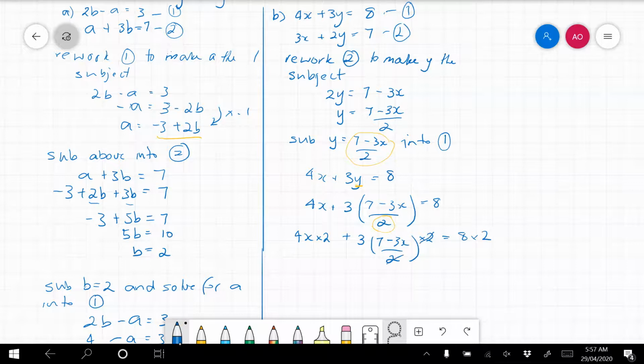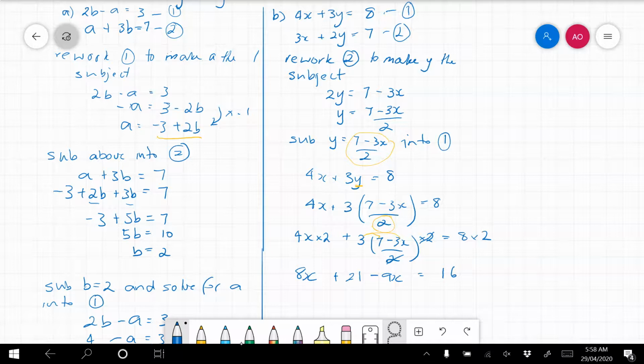Now these two cancel out, and I'll simplify everything else. I'm going to end up with 8x plus, they've cancelled out, so I'm going to use the distributive law here. 3 times 7 and 3 times 3. So I'm going to end up with 21 minus 9x is equal to 16.